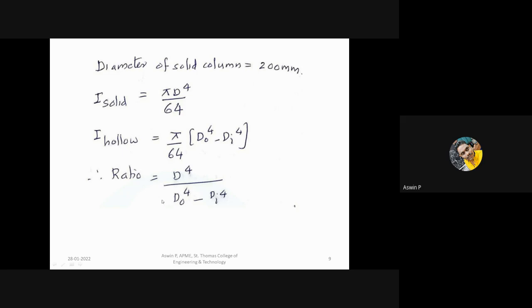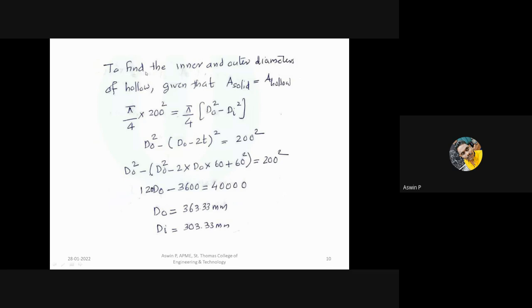But we have another condition as given in the question, that area is common for both. That is, solid shaft area is equal to hollow shaft area. So pi by 4, solid shaft diameter 200 squared, is equal to pi by 4, do squared minus di squared.